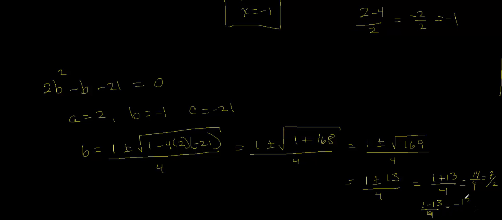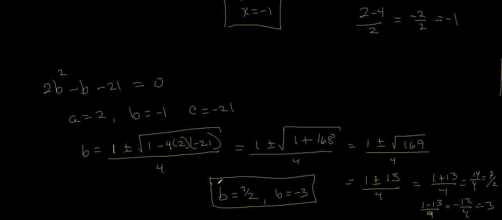So our two solutions here will be b equals 7 halves, and the other one will be b equals negative 3, which gives us two nice solutions to these quadratic equations using the quadratic formula. And let's go and apply those in our homework.